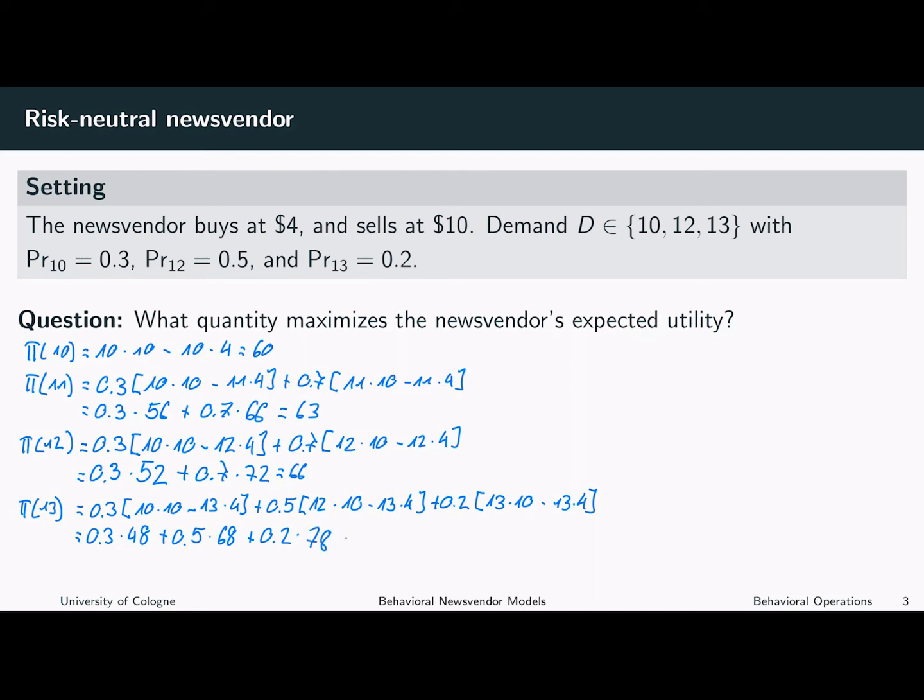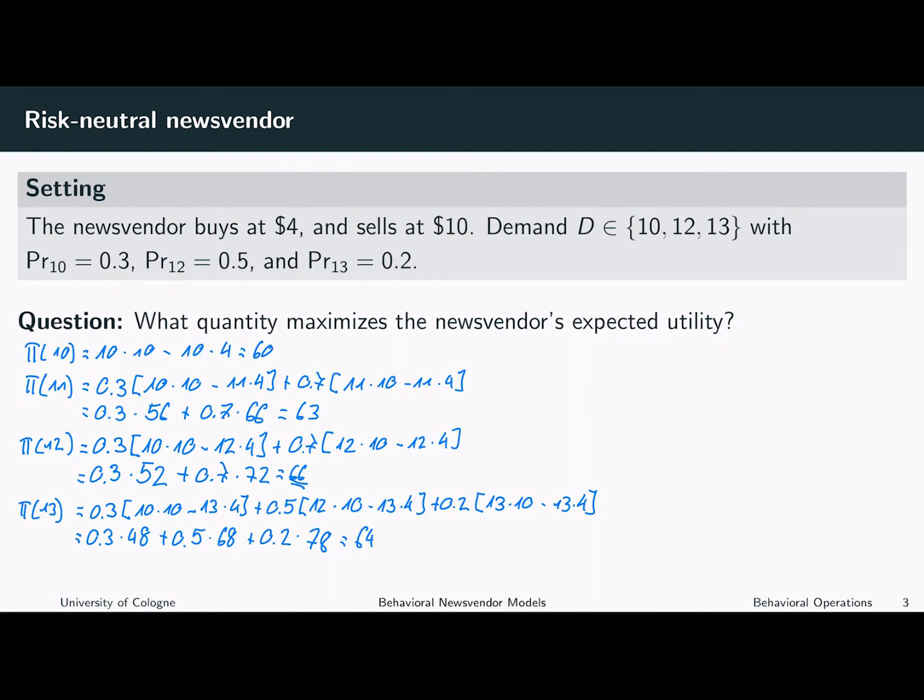So here we have an expected profit of 64. Comparing all these profits, we find that the expected profit is maximized with an order quantity of 12.